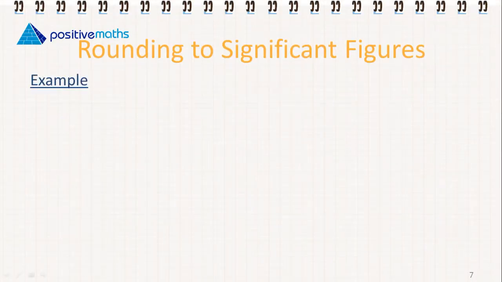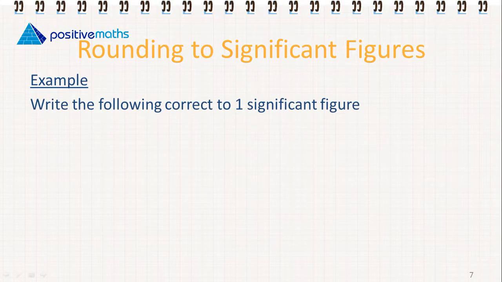Okay, so let's look at how we do this. We want to write the following correct to one significant figure. Okay, so we have 32.14. We want to round to one significant figure. So we look at the first significant figure. Before we were looking at the place, now we're looking at the significant figure. We look to the right, we see it's less than 5.